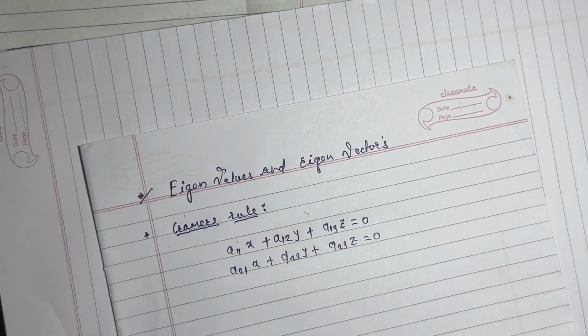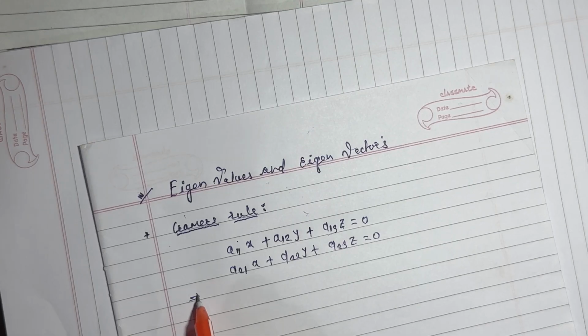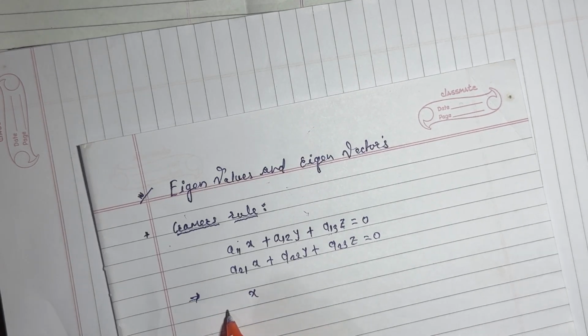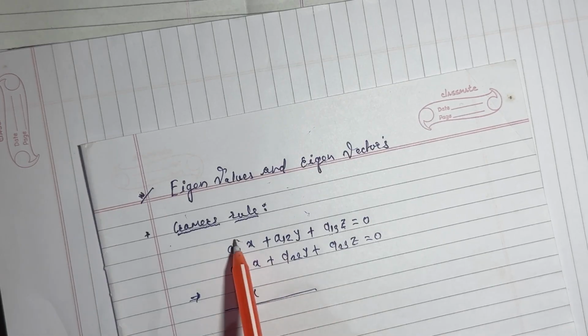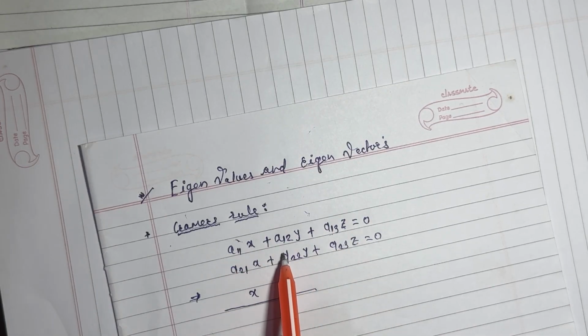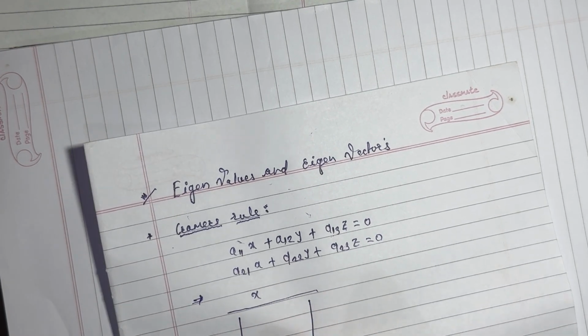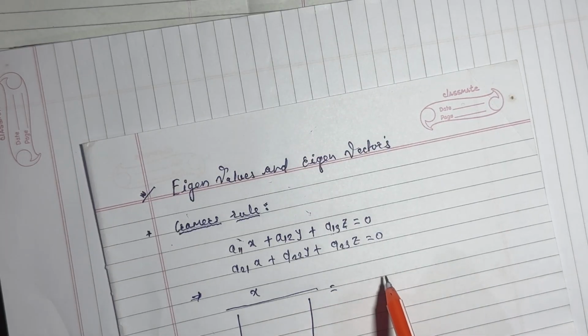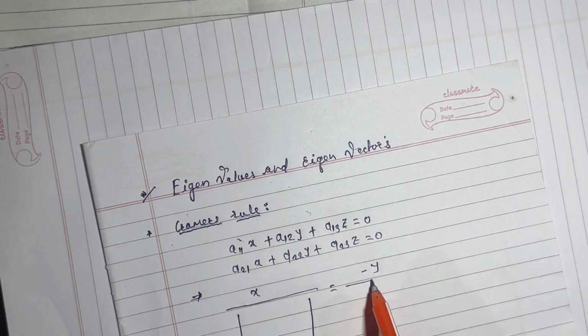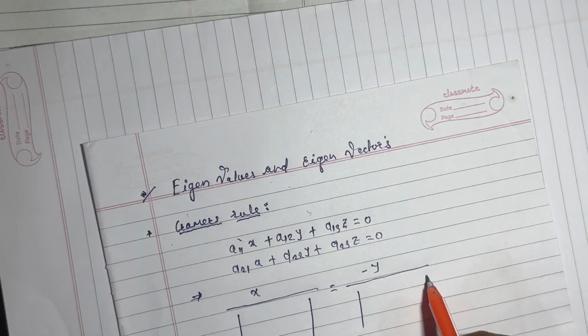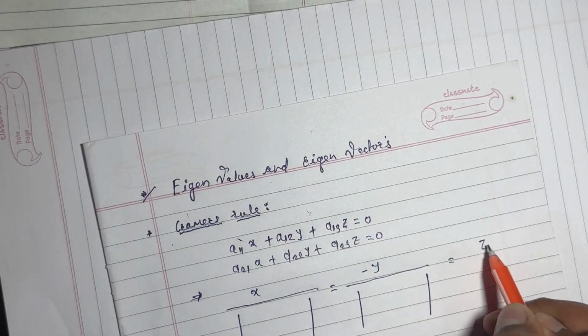Cramer's rule states that we write x divided by, so first of all we take the coefficients into determinant form, then we divide by x, y, and z. So we write x divided by, then minus y divided by, these being determinants, and z divided by.